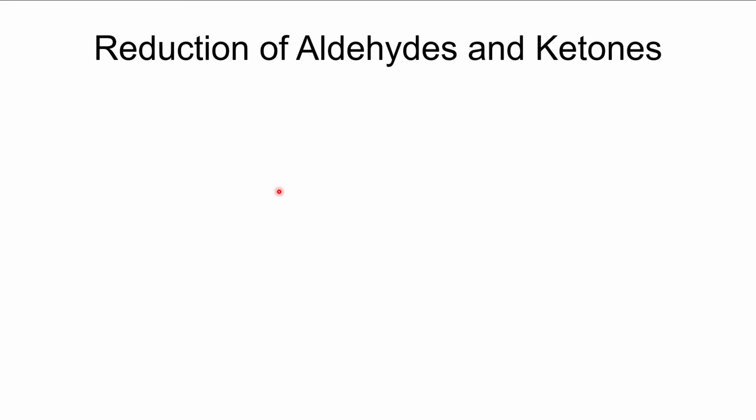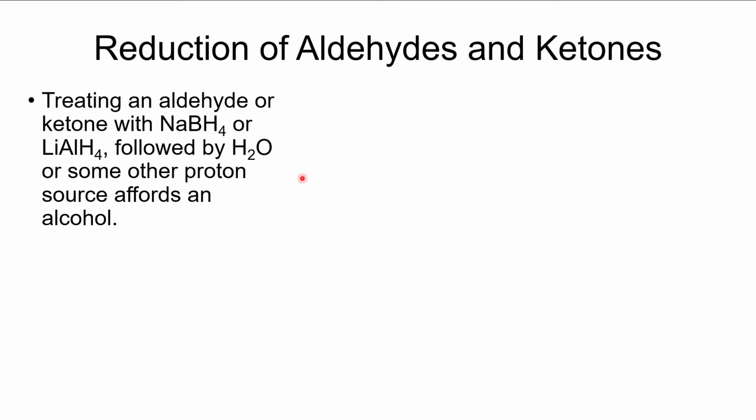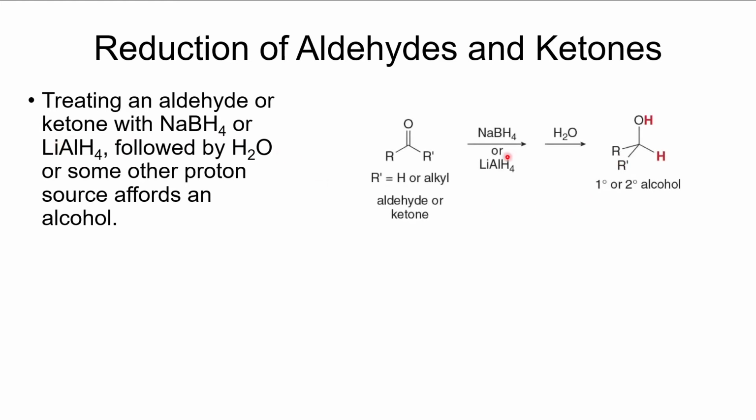So when it comes to reducing aldehydes and ketones, we can use either sodium borohydride or lithium aluminum hydride. If we use the sodium borohydride, we do that with some alcohol. If we use lithium aluminum hydride, we do that and then follow it up with some water. But either one of these will work.